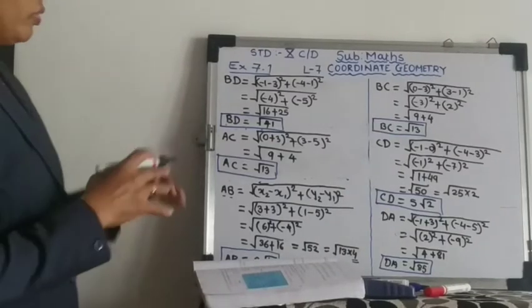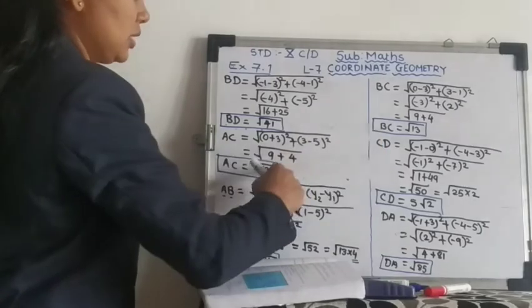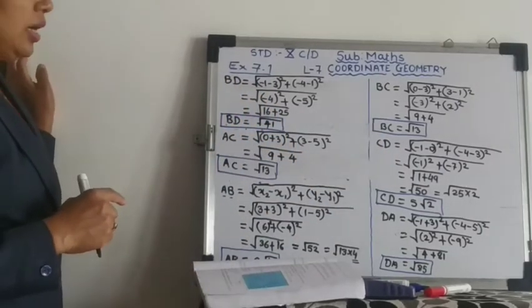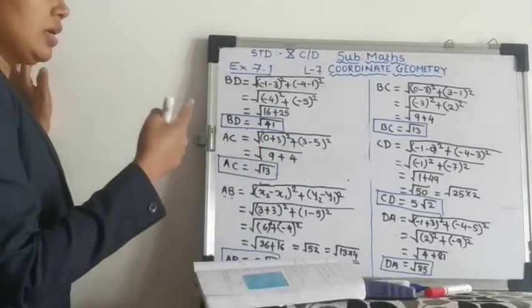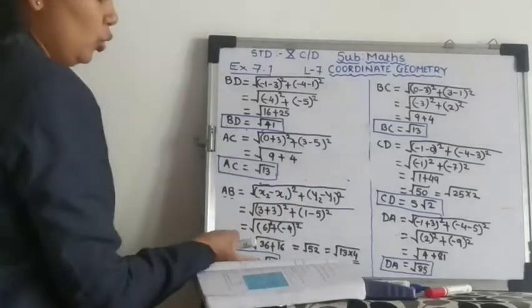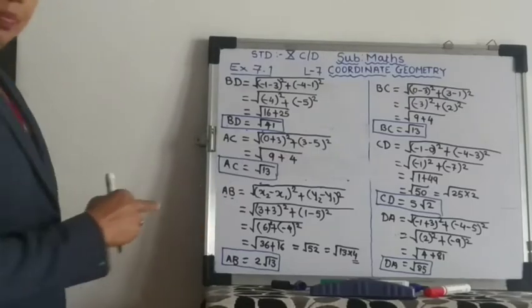But out of that, what we have come across is that AC and BC both have the same distance, right? So if we add these two, then we will get the third side equal. So that is 2 root 13, which we have got for AB, right?